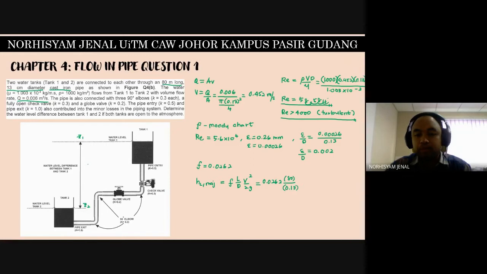0.13. Okay, and then V square 0.452 square, and then we have V square over 2G, 2 times 9.81. Okay, so that will be 0.0262 times 80 divided by 0.13 times 0.452 square over 2 times 9.81.